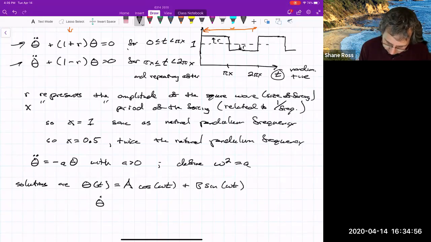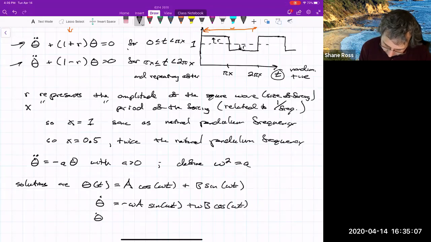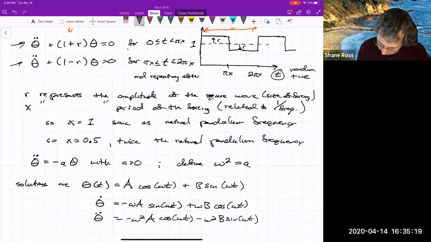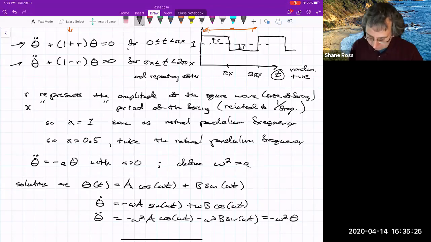And if we take the first derivative of that, we get negative omega a sine omega t plus omega b cosine omega t. You take two derivatives, you get that, which you just stare at and go, oh, this looks exactly like negative omega squared theta. So, okay, it checks out.